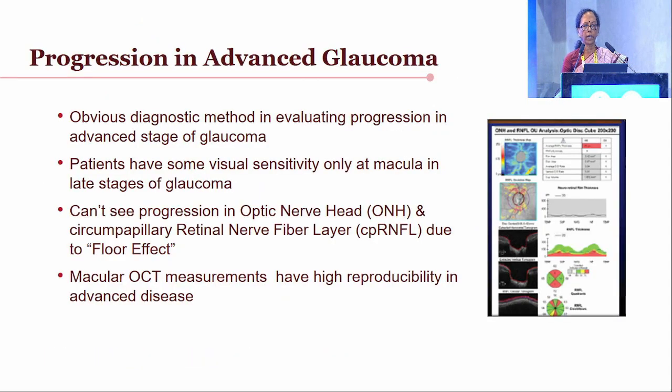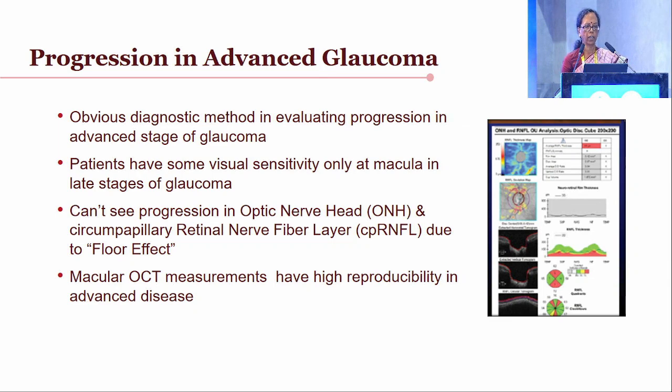Moreover, progression in glaucoma can be judged better if you do the ganglion cell analysis, because after the thickness reaches the 40 micron level, there is a floor effect in the retinal nerve fiber layer, and further decrease cannot be checked by retinal nerve fiber layer analysis, whereas ganglion cell analysis works until a later stage. So in advanced glaucoma, it is very helpful to know the progression.